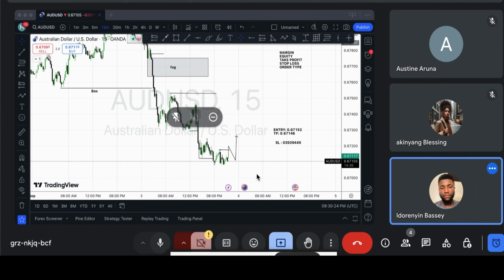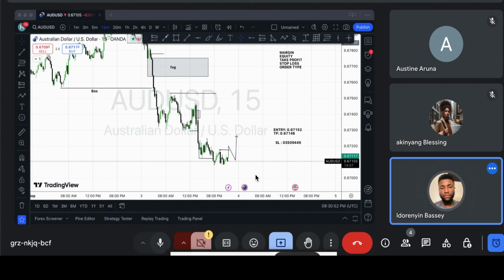Limit orders are executed at a specific price or better. Stop orders become market orders when a specific price is reached.